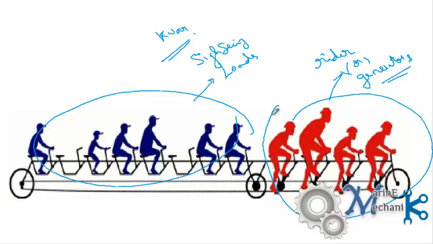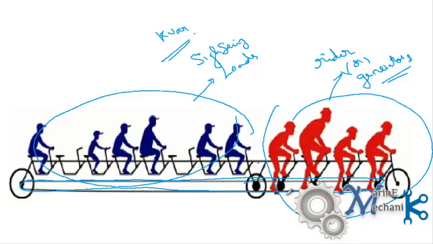All the loads and the generators are connected together by the bus bar, which is the chain and the pedaling arrangement, and also the structure of the cycle. So that's the bus bar.